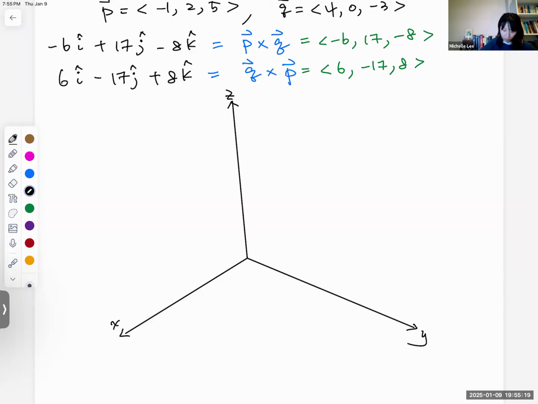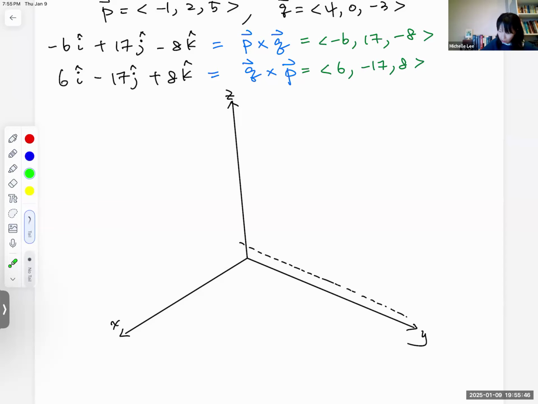I want to plot the vector -1, 2, 5, which is P. So let's do it. -1, right? And 2, 5. I want to make a line parallel with the y-axis.